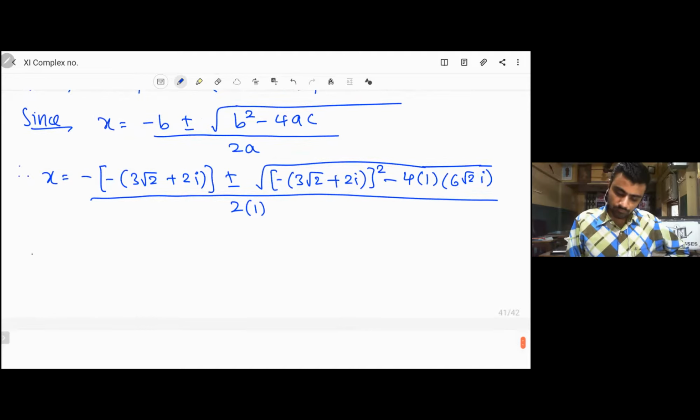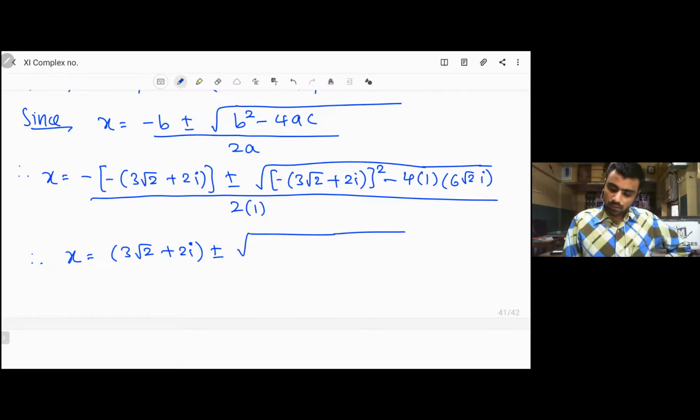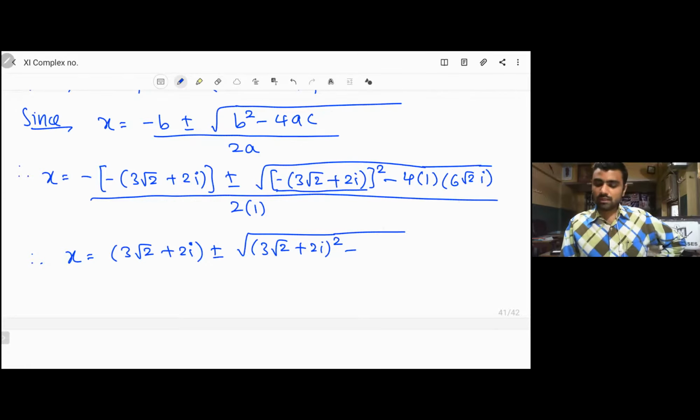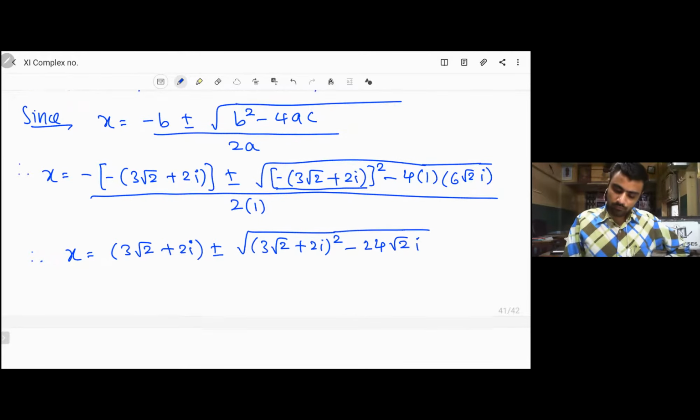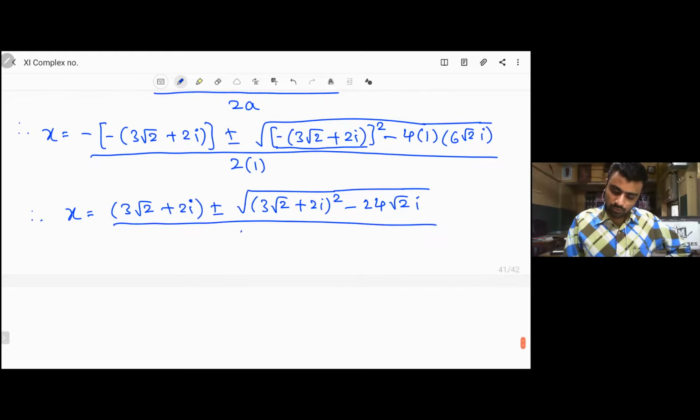Okay, so x equals, this minus into minus, the bracket will open and it becomes plus, so this is only 3√2 + 2i plus or minus under root. See, the square is for the whole term, so the square of minus becomes plus, and this is (3√2 + 2i)² − 4 into 1 into 6, that is 24√2i, whole upon 2 into 1, that is 2.